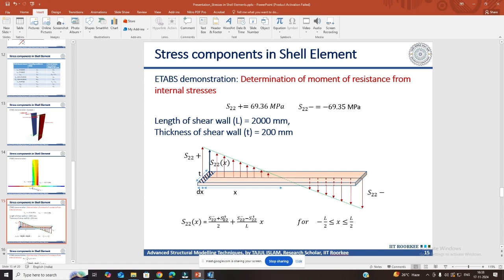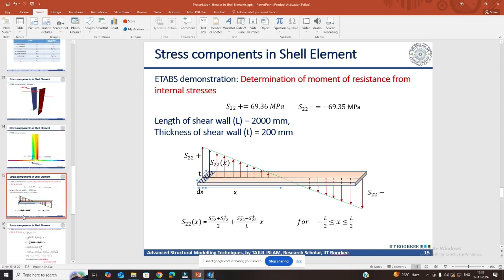If you simplify this, you will get a function like that. Your S22 at any distance x from the center will be written like this. Let us not discuss this one, because for a linear function you can easily find this expression.